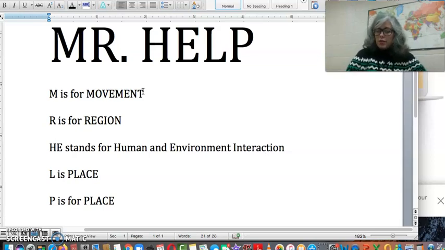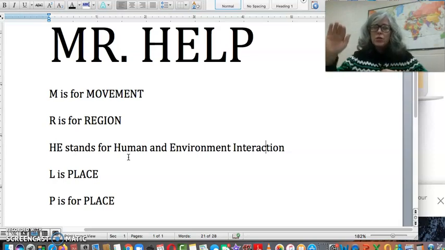Okay, also human environmental interaction. That's what the H and the E stands for in Mr. Help. So humans and the environment interact. I don't know about you, but in the summertime in Arkansas, it gets really, really hot. And this woman interacts with her environment by going indoors, closing my windows, and turning on the air conditioner.